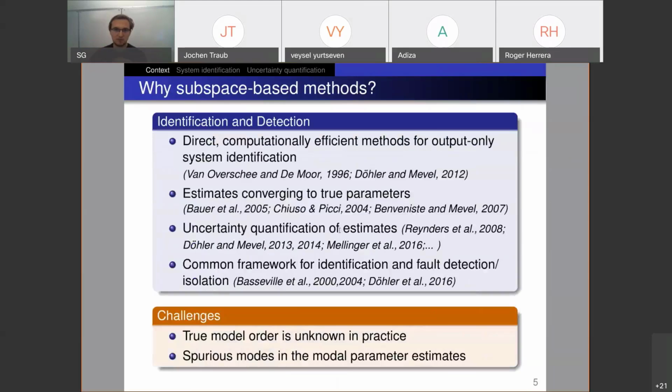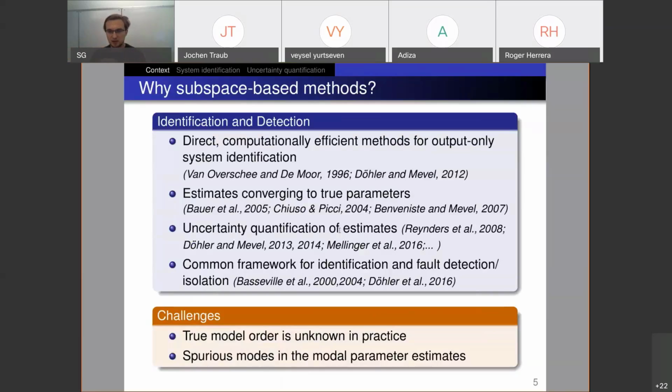And that is because of several reasons. For example, subspace methods are direct and computationally efficient for output-only system identification. And that means that they don't require any minimization or optimization procedure. They just directly estimate the model parameters and the eigenstructure of our system.